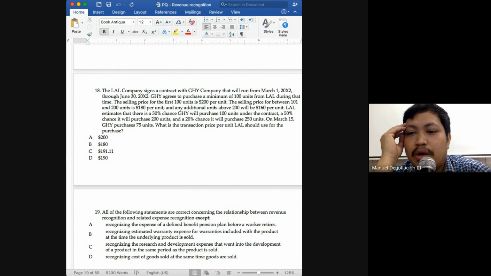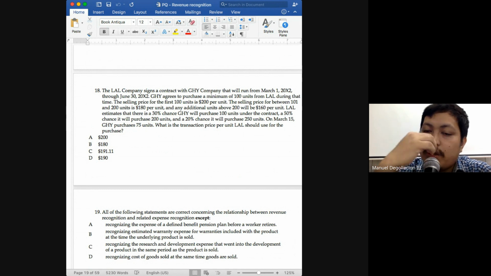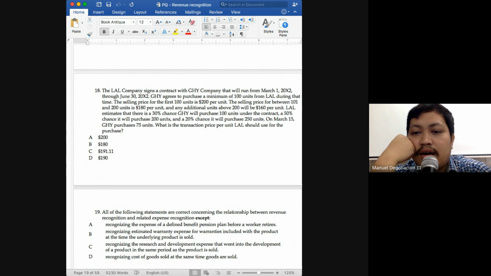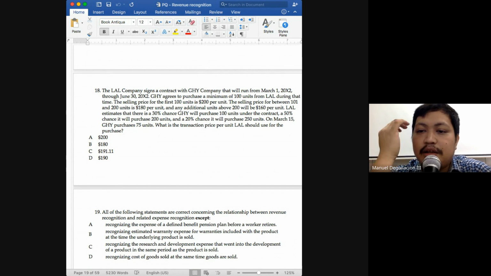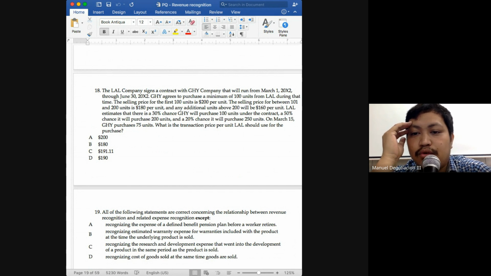What's the percentage, class, that you will be selling only 100 units? 30%. So the weighted volume would be 30 units. That's 30% times 100. Do that also for the 50% and the 20%. Multiply 50% with 200. Multiply 20% with 250.